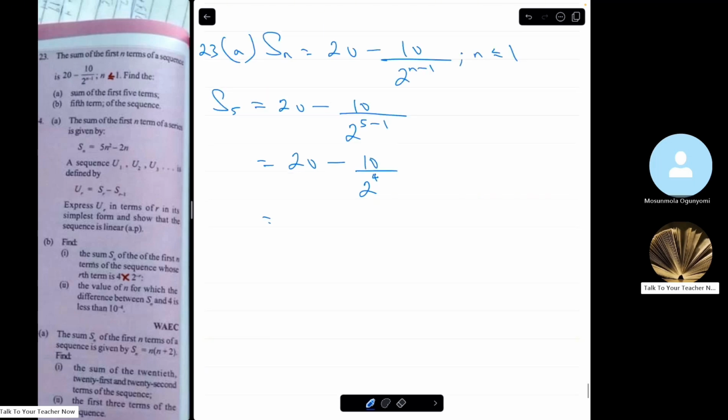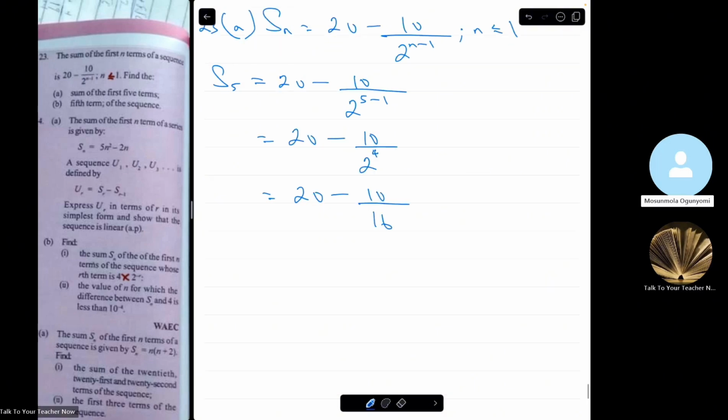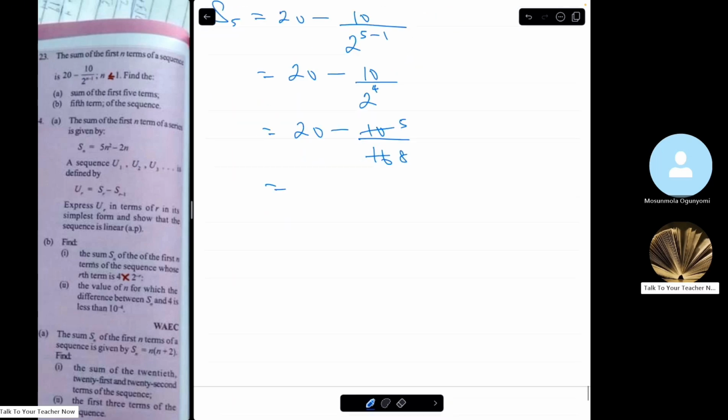Beautiful. And that simply means 20 minus 10 over 16. Is that correct? Yes, sir. And that's what? 2 here, 5. 2 here, 8. What's 20 minus 5 over 8? Let's just do some rough work somewhere here.